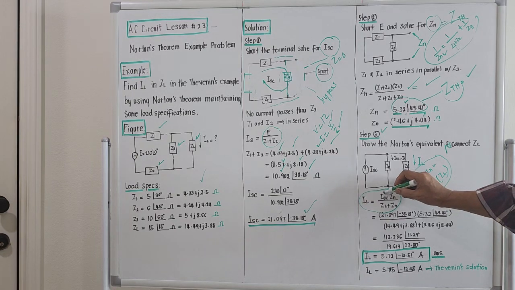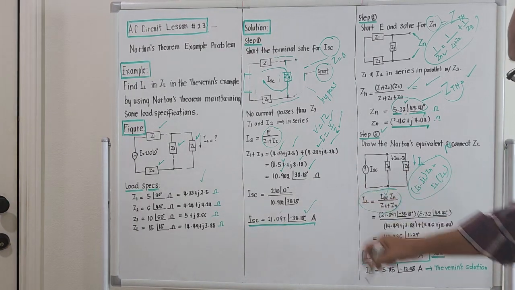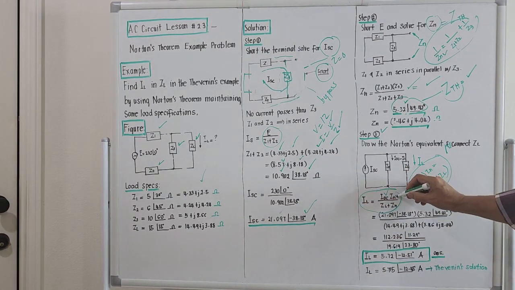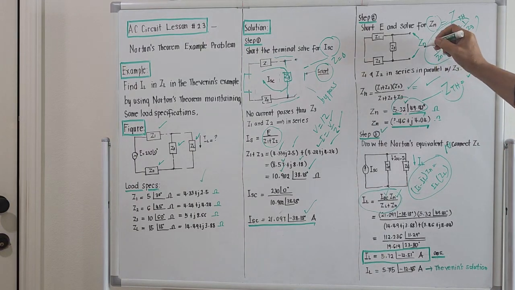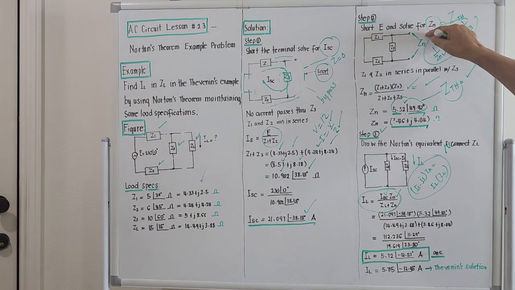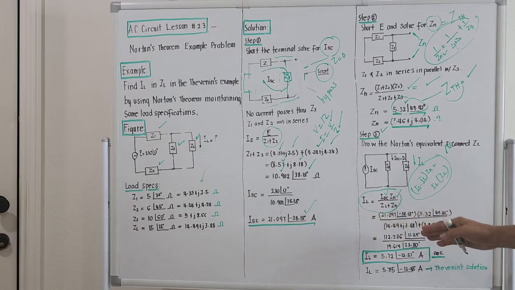We know already the short circuit current from step number 1. We know already the value of C sub n from step number 2, right? And the sum C sub L plus C sub n, it's just a matter of adding them. So if we try to combine this one, 21 times 5.32 over the vectorial sum of CL plus CN. I give you the rectangular equivalent.